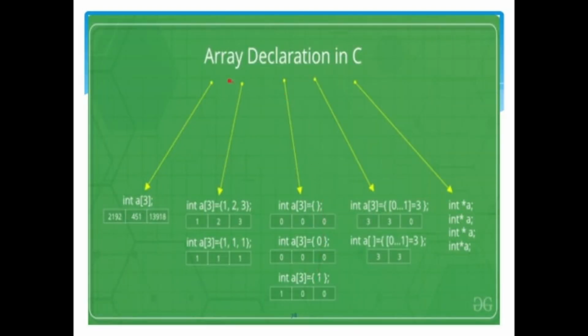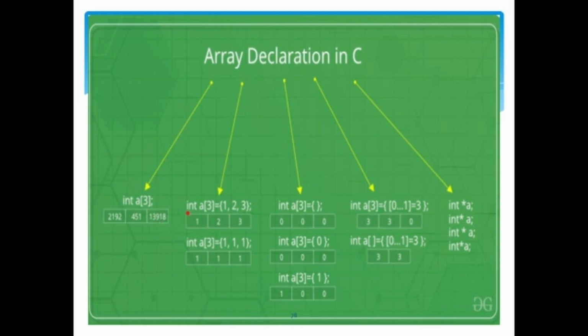You can check how to declare an array. Simple: int a, square brackets, and inside the square brackets you write the size of the array. Suppose you write 3, then there must be 3 elements. The first element will be at the 0th index, the second at the first index, and the third at the second index.